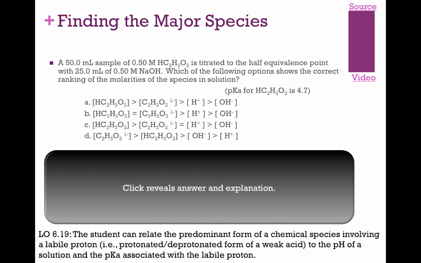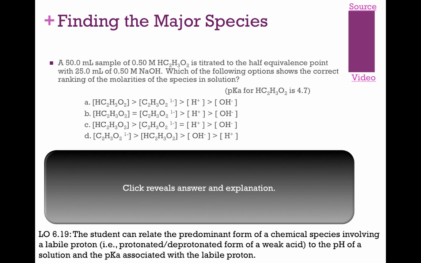And so when we're looking at finding the major species, they like to use the word species in all of their equations. This gives us another example. We have acetic acid titrated to the half equivalence point with NaOH. Which of the following options shows the correct ranking for molarities of the species in the solution? So we're at the half equivalence point.